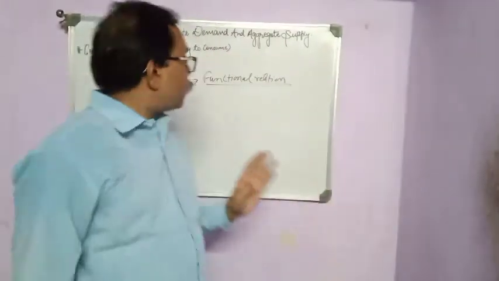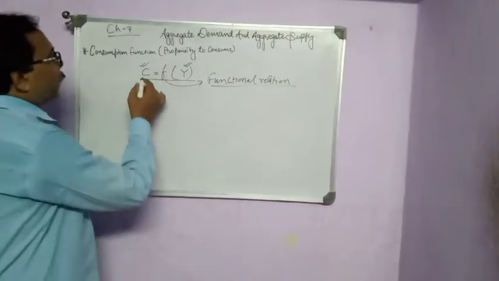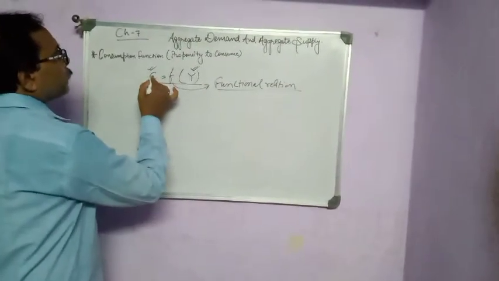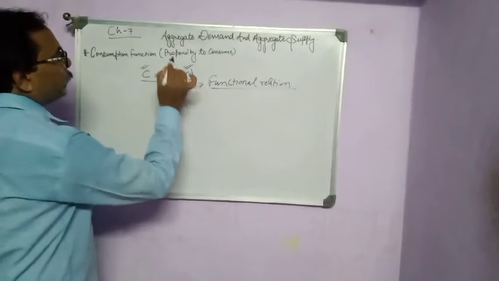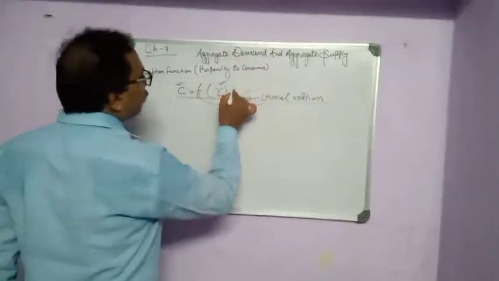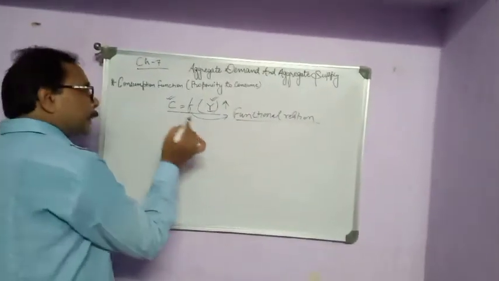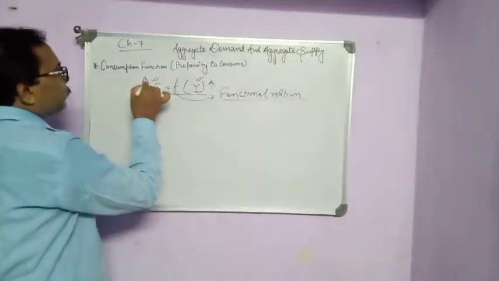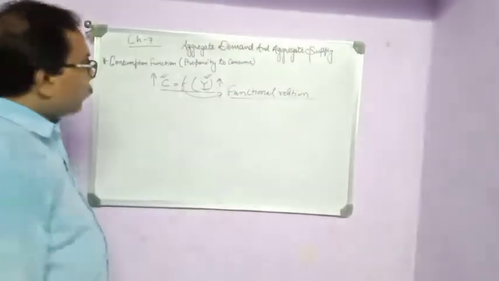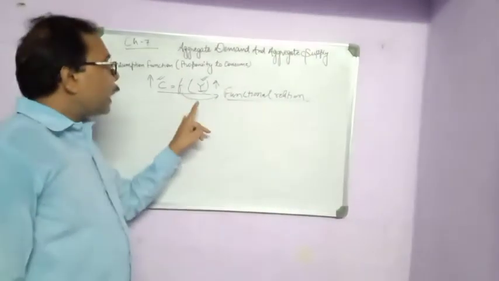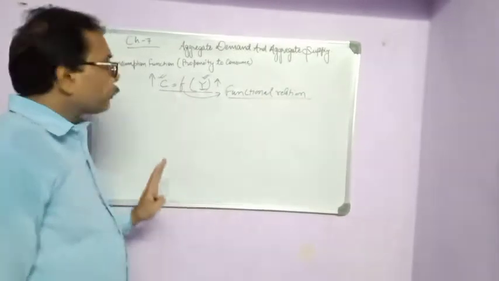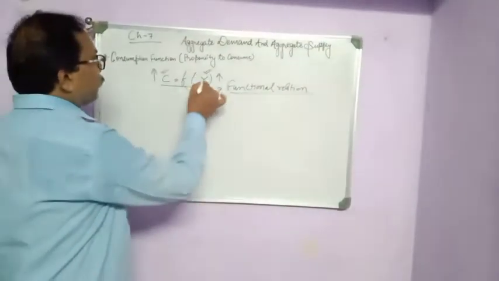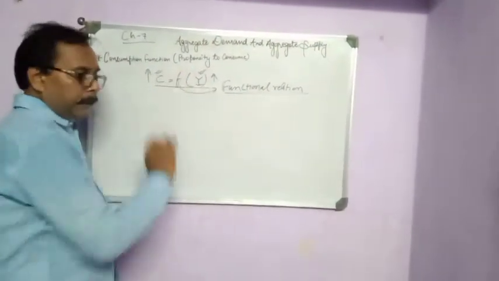So here also you will find that the consumption totally depends on income. So if the income increases, there is a chance that consumption may increase. But it does not always happen. But basically it varies on income.